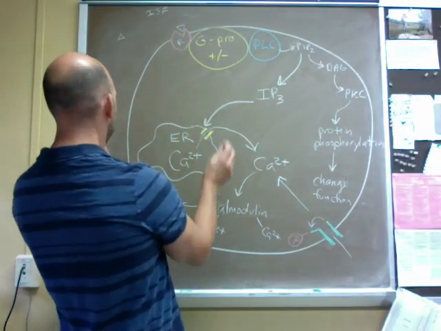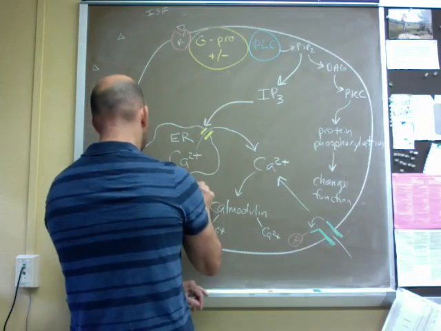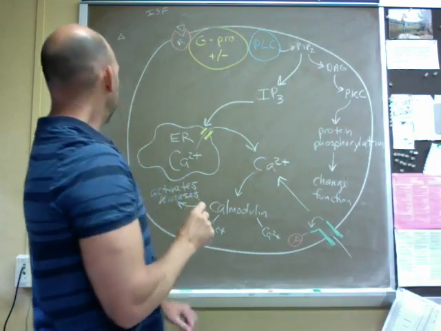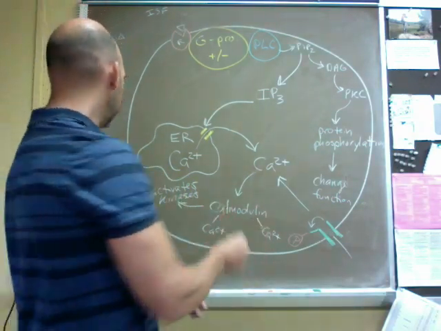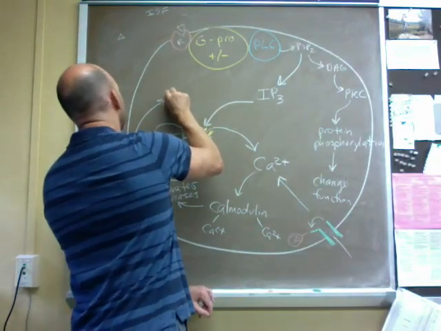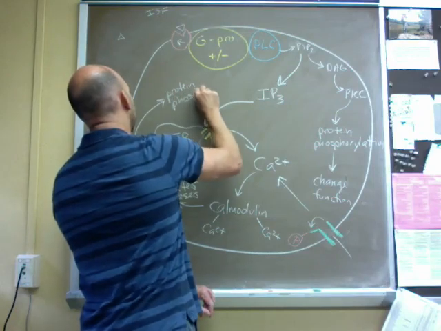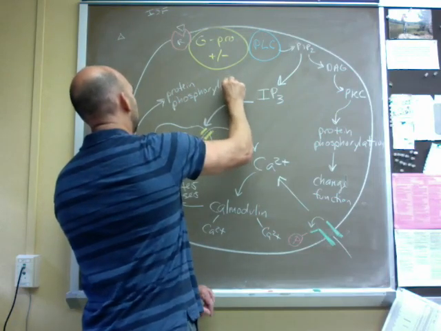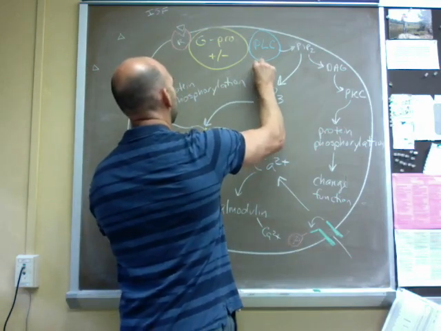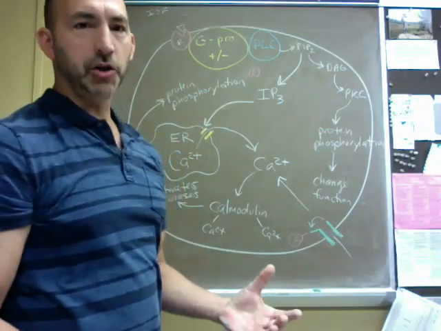And I'm running out of room here, so I'm just going to say activates kinases, and we get what we talked about before, protein phosphorylation. I'll add my phosphate group on it here. And remember those phosphorylated proteins, we've just altered the function of.